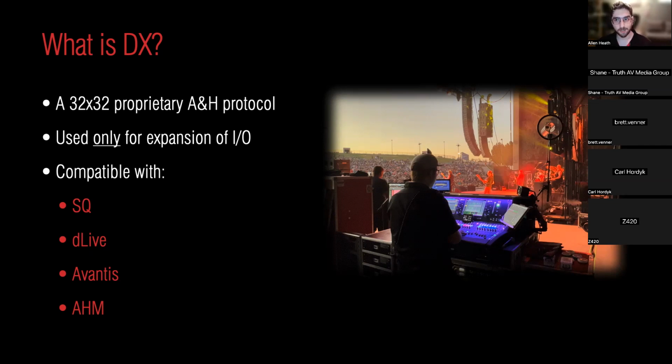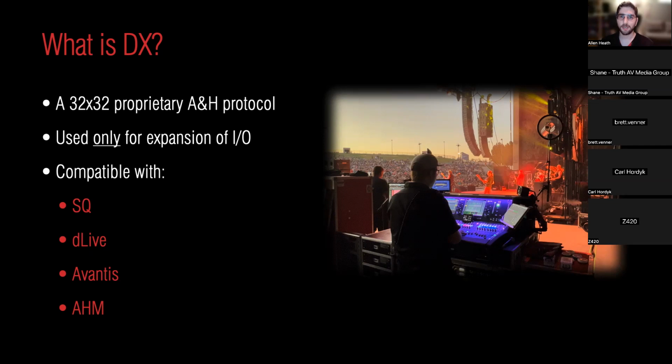It's a proprietary Allen Heath protocol, which means that it's not really something that you would put alongside other things on a network. There are ways to use this on a basic network switch, but we won't really go into that today. That gets a bit advanced. DX is only used for expansion of I/O.